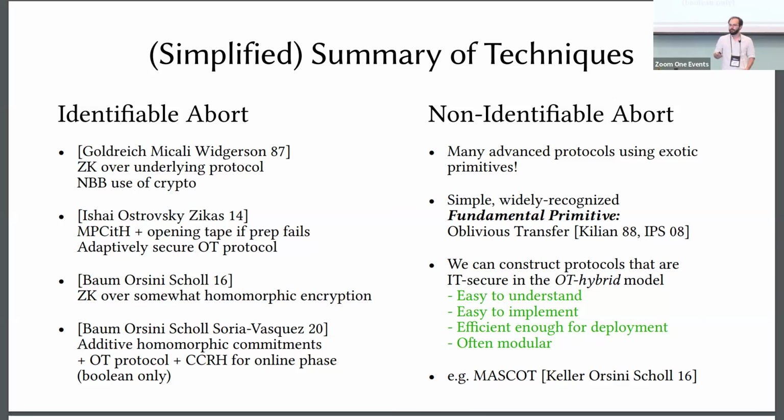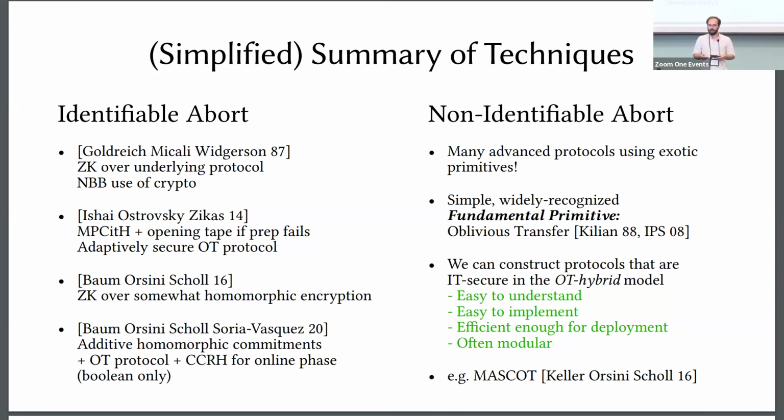We've known that it's complete for MPC for almost 40 years at this point. And we know how to construct protocols that are information theoretically secure in only the OT hybrid model, so just using the OT functionality, nothing about a protocol here. These protocols tend to be really easy to understand, really easy to implement, and in spite of that, they're efficient enough to be deployed in the real world in some scenarios.